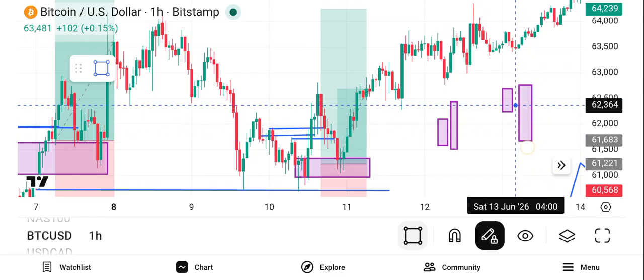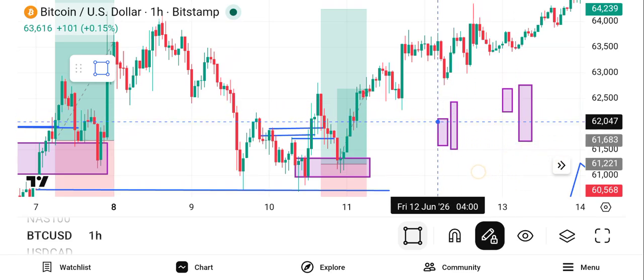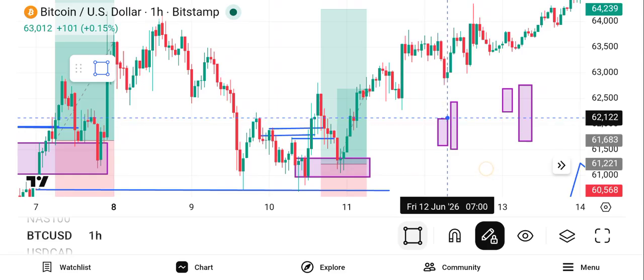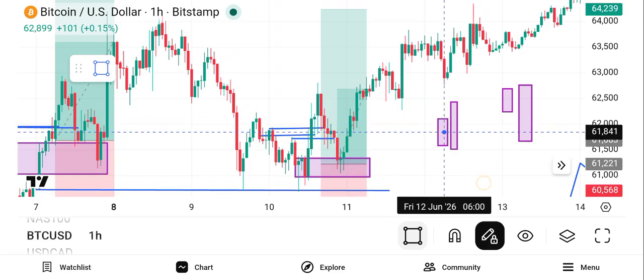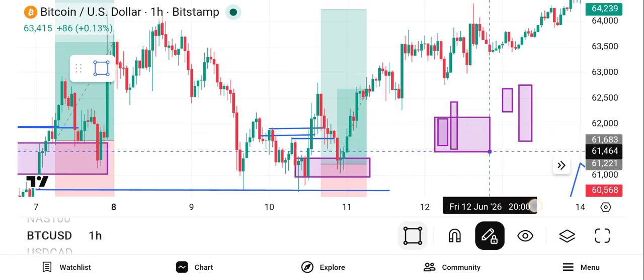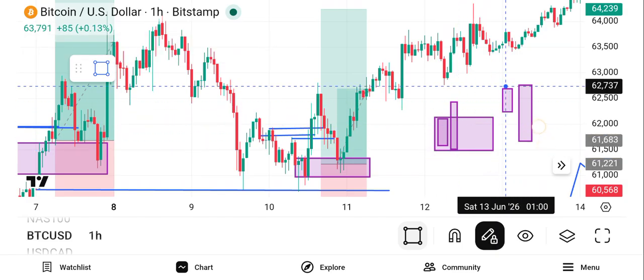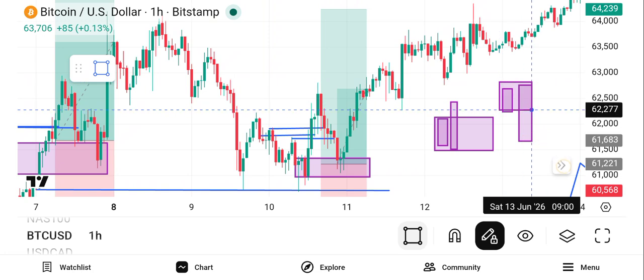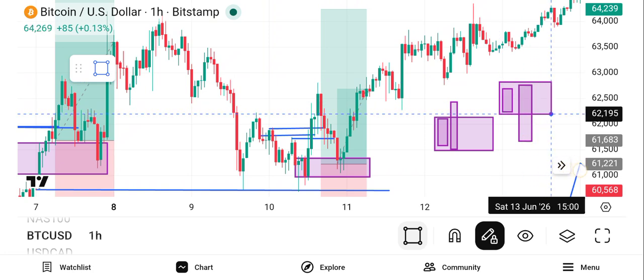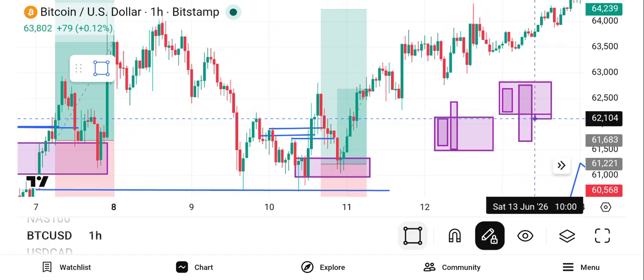Now there are ways that you pick your point of interest using this order block. If this is your bullish order block and the candle closes with a full body like this, if you want to pick your point of interest, you cover this bearish candle fully, like this.